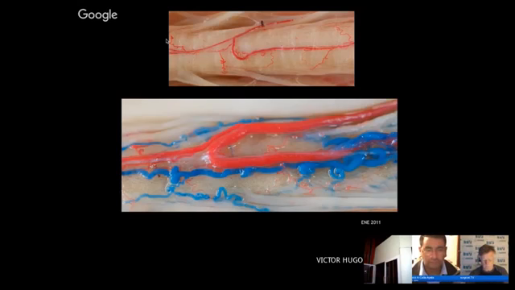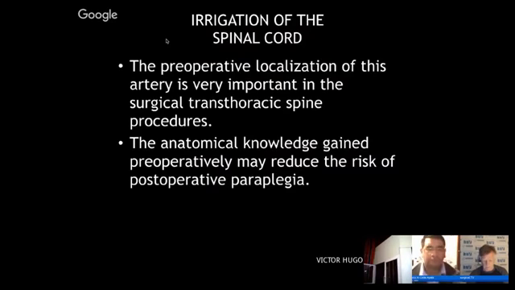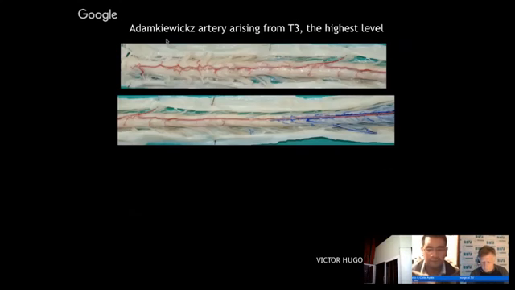Look at the difference in the size between the thoracic artery and the Adamkiewicz artery. The preoperative localization of this artery is very important in surgical transthoracic spine procedures. The anatomical knowledge gained preoperatively may reduce the risk of postoperative paraplegia.